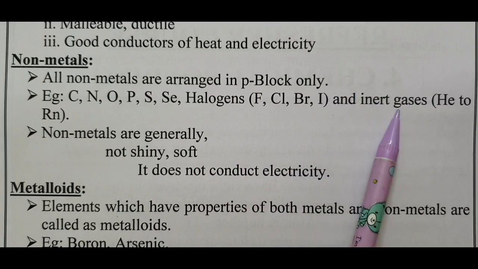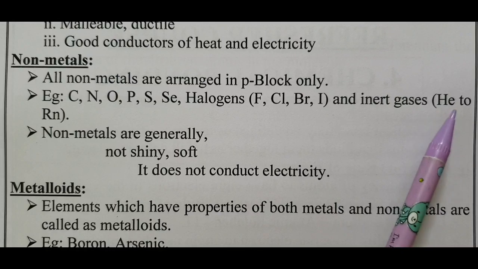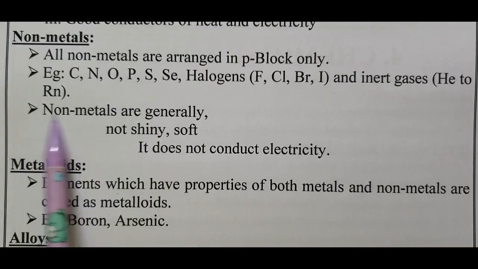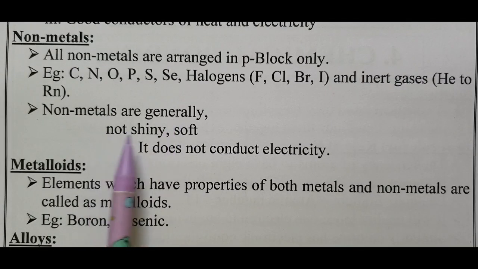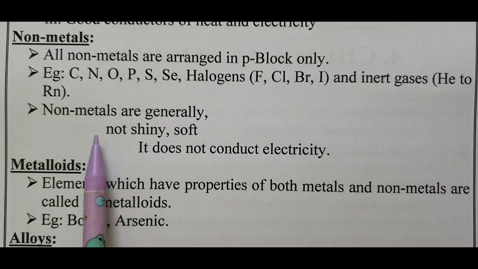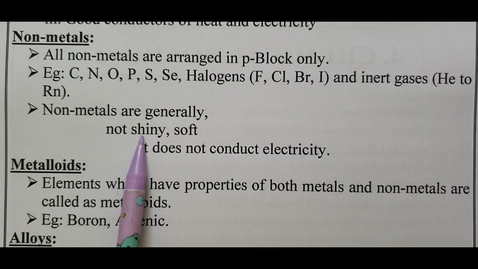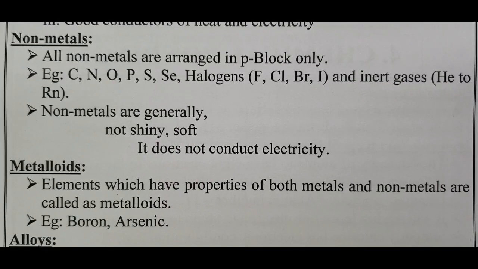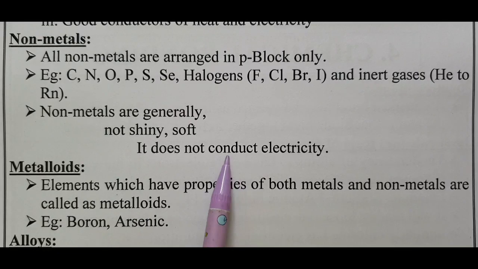And the inert gases helium, neon, argon, krypton, xenon and radon are all non-metals. Non-metals are generally not shiny, not lustrous in nature, and soft. Metals are hard, non-metals are very soft, and they do not conduct electricity and heat.